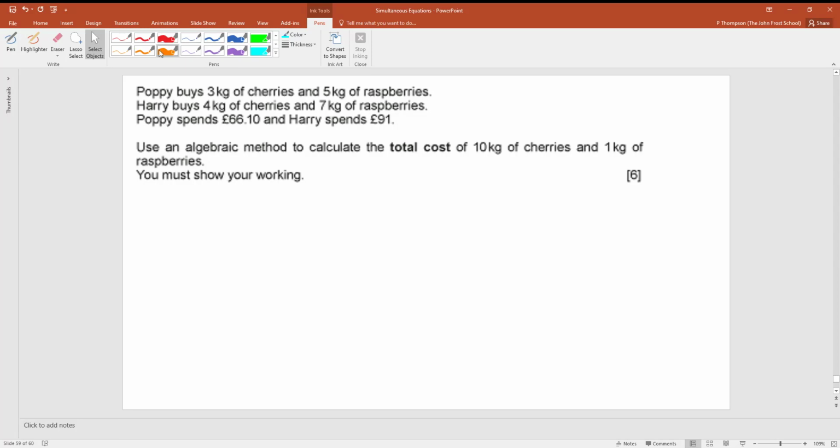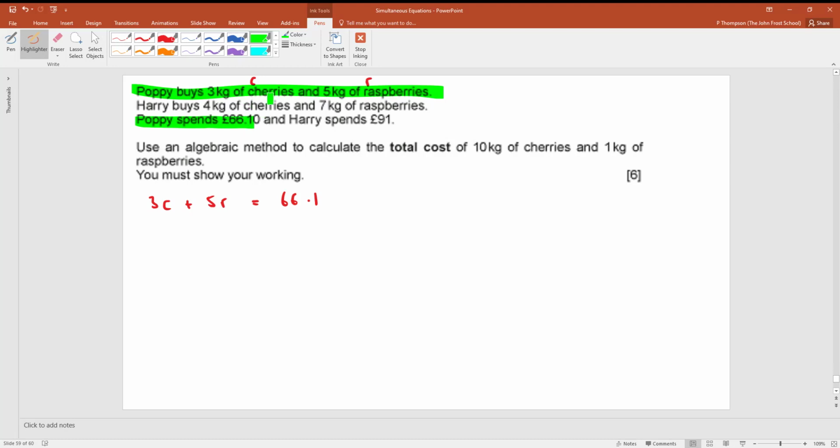Okay, welcome back. So with this one, I'm going to call the cherries C and the raspberries R, okay? And I hope you were able to write down from this first green sentence that 3C plus 5R equals 66.10, because Poppy spends £66.10.